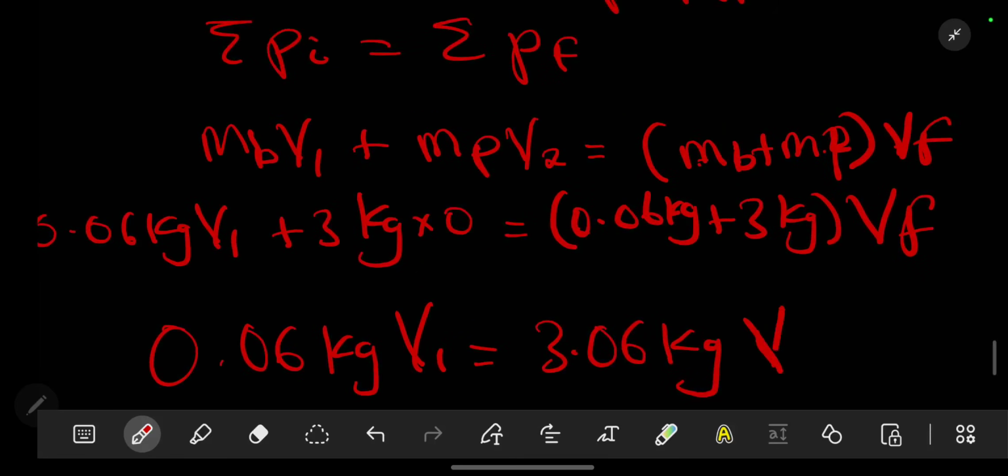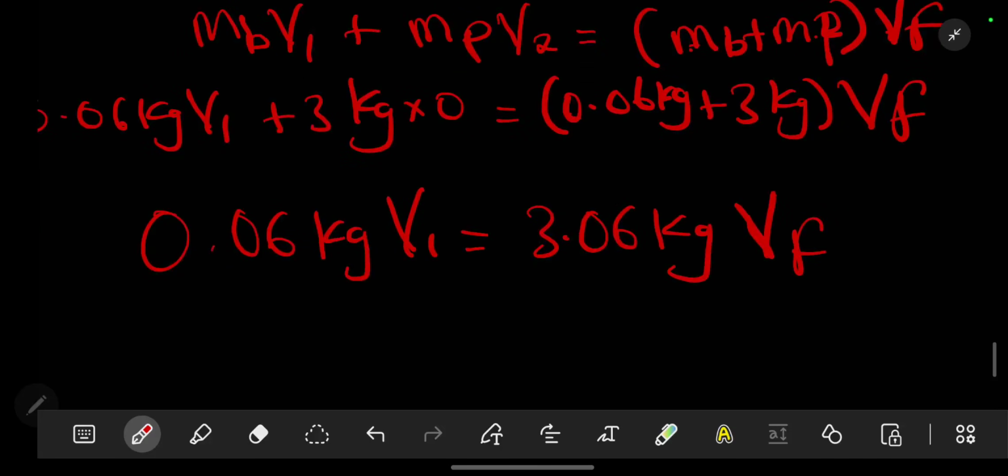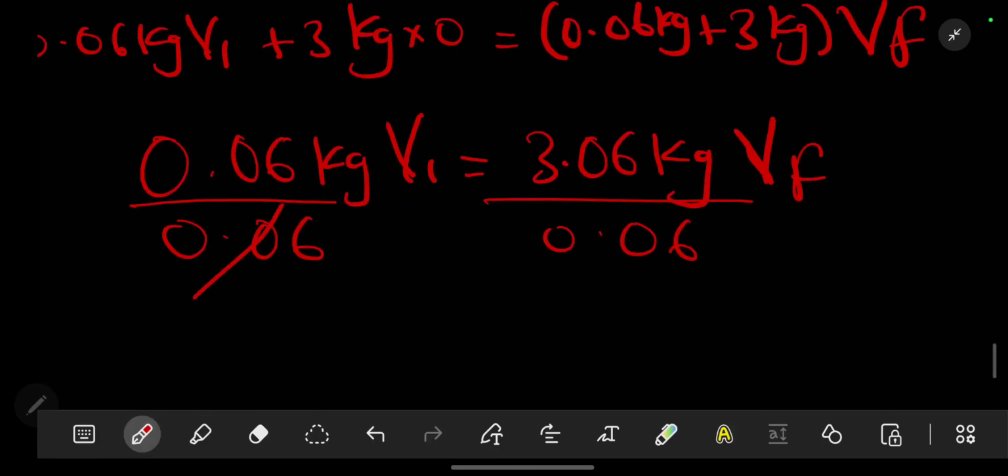So we are going to divide by 0.06, so that we have 3.06 divided by 0.06.